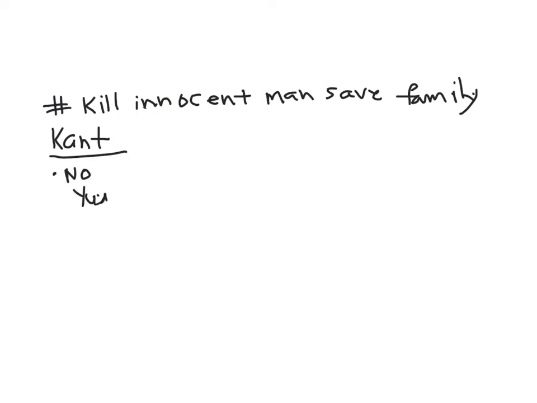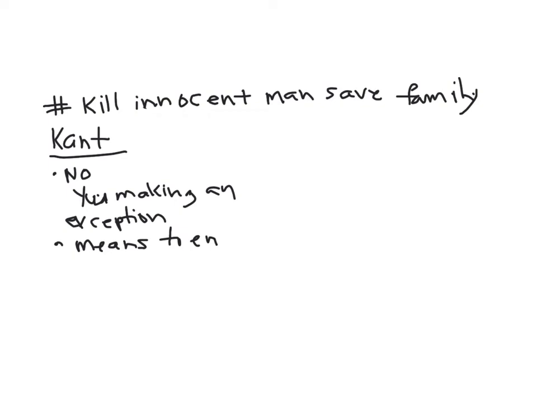You're making an exception for yourself, because if the roles were reversed, you wouldn't want to be killed to save someone else's family. And it's also obviously using a person as a means to an end. You're using this innocent man as a means to the end of saving your own family. So for Kant, that's a pretty clear answer.